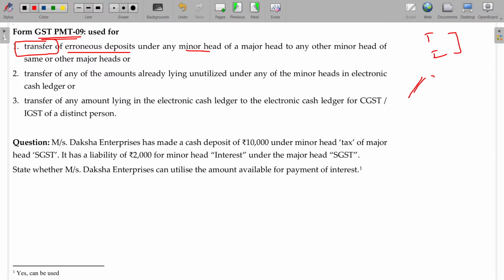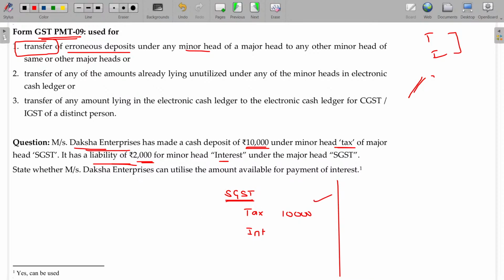Now, Messrs Daksha Enterprises has made a cash deposit of 10,000 under the minor head tax of the major head GST. They have a liability of rupees 2,000 for the minor head interest.